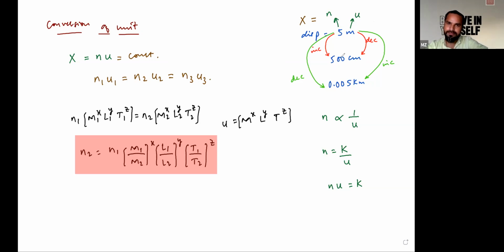It gets increased. Similarly, going from meter to kilometer, I'm increasing the unit, and the numerical value decreases from 5 to 0.05. From this, we can conclude that if the numerical value is increased, then the unit in which it is measured gets decreased, and vice versa. So we can say they are related inversely with one another.